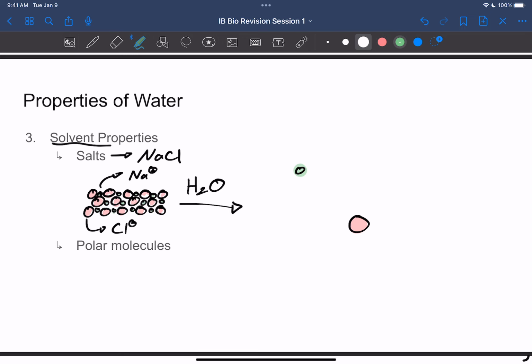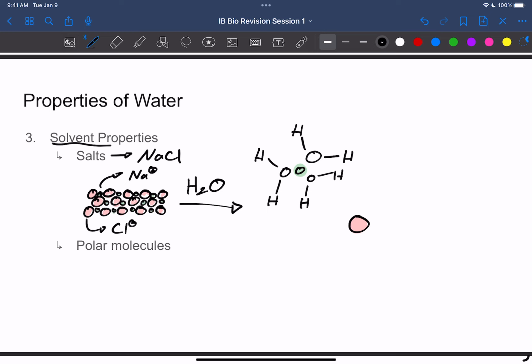We're going to get these all dispersed around, and this positively charged sodium is going to have strong interactions with the partial negatives on the oxygen, because negative and positive really like to interact with each other. So the oxygens on water are going to interact with this sodium like this.